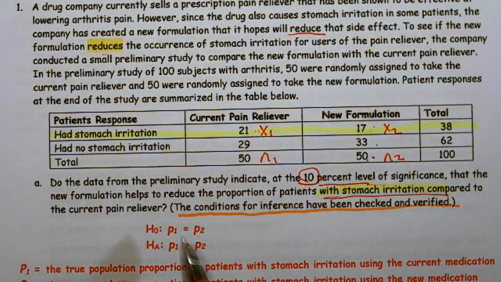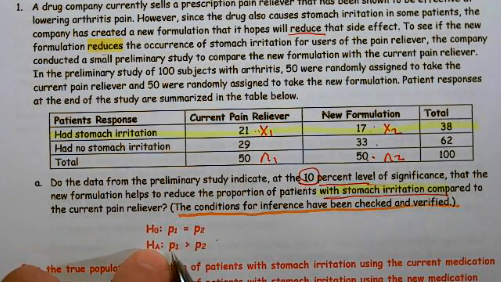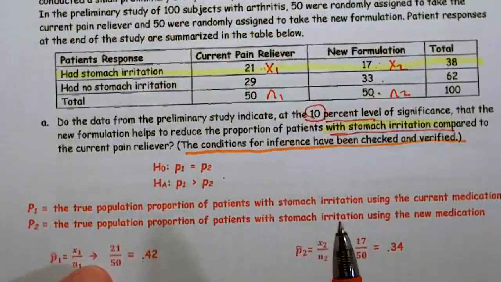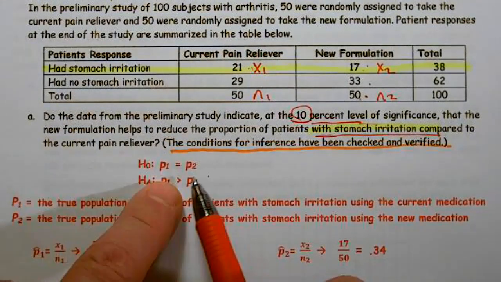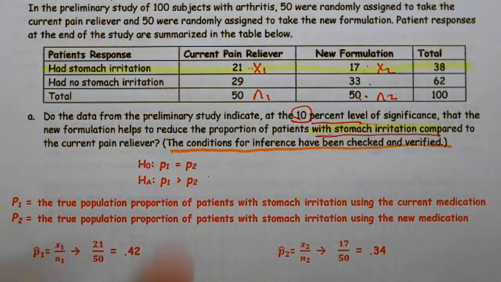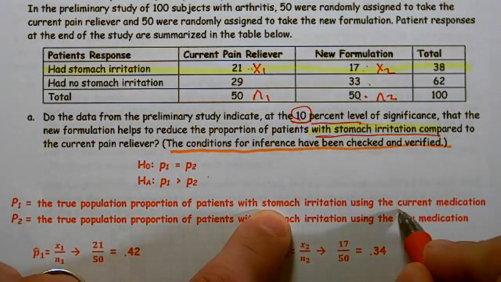So I'm going to just start off with p1 equals p2, and p1 is greater than p2. And it's like, well, that didn't help because we don't have definitions. So let's put the definitions to them. And if you want to do the definition before you write your null and alternative, that's fine. So p1 equals the true population proportion of patients with stomach irritation using the current.